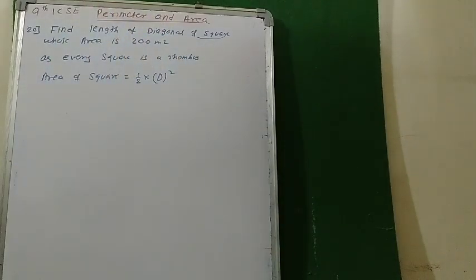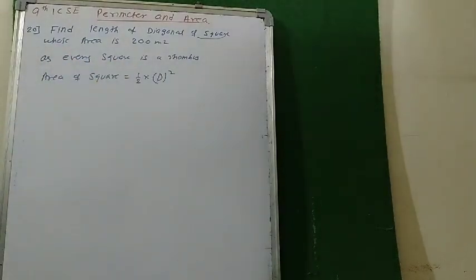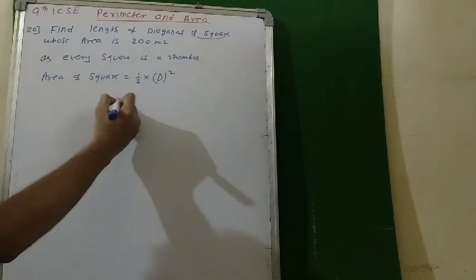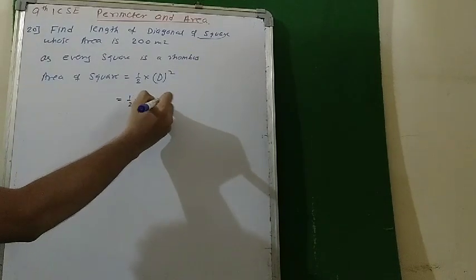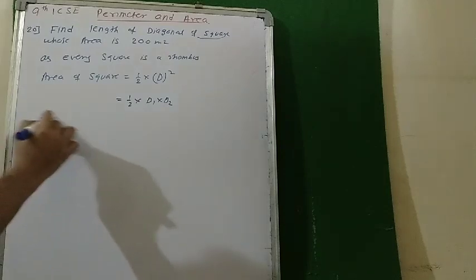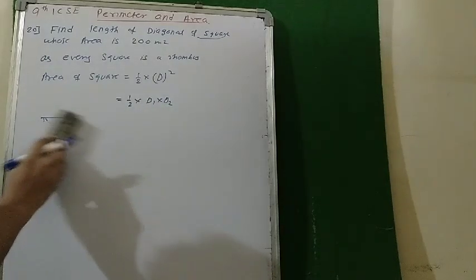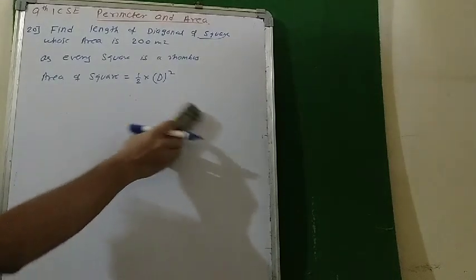Half into d1 into d2, and in the square both the diagonals are the same. If this is a square, this diagonal is equal to this diagonal, therefore it is d into d, that is d square.